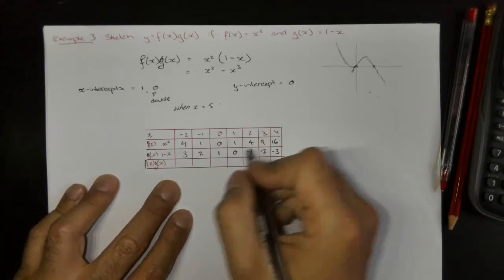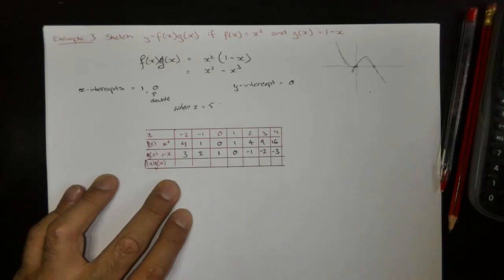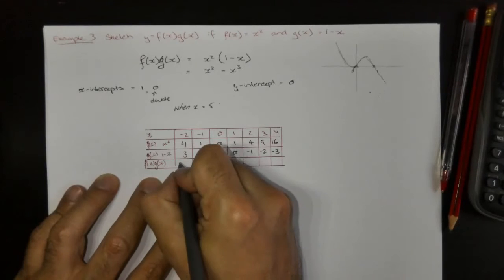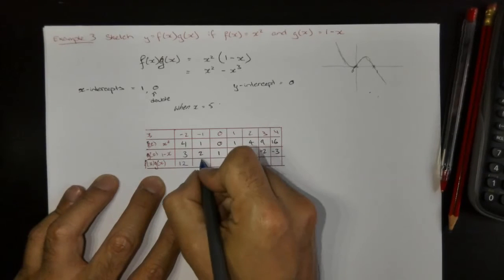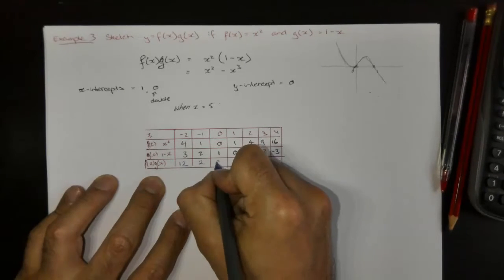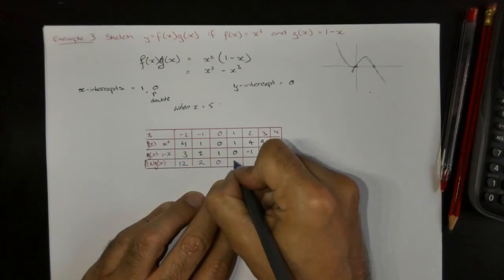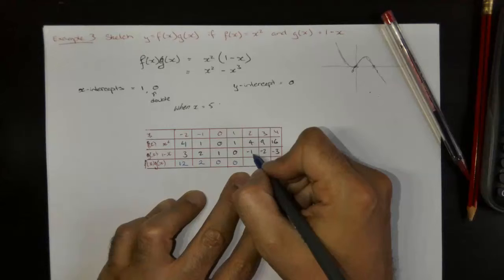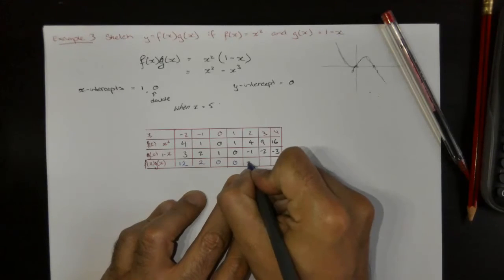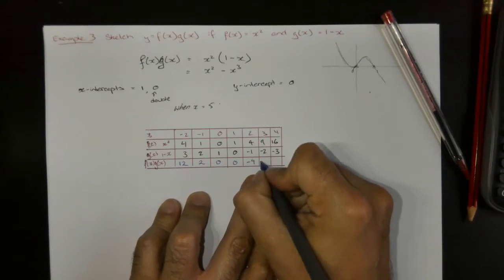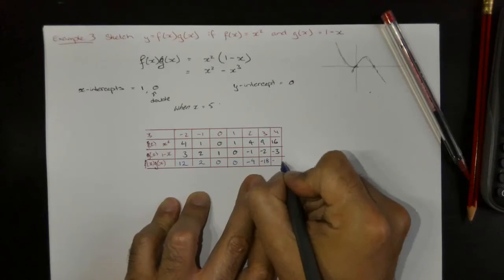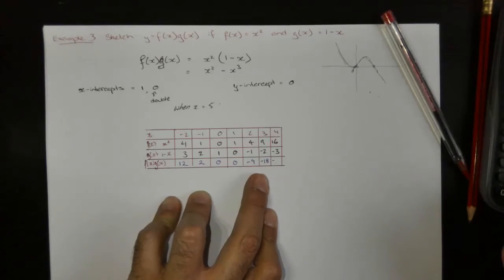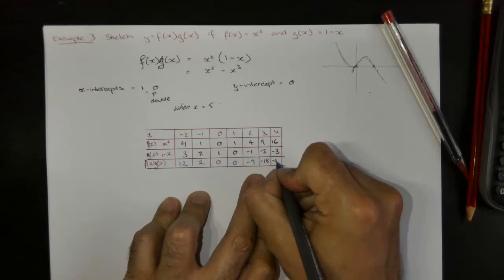Okay, now we're just going to multiply those together. So 4 times 3 is 12. 1 times 2 is 2. 0. 0. 4 times negative 1 is negative 4. 9 times negative 2 is negative 18. And negative 48.